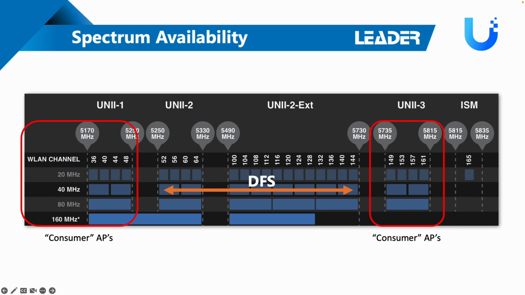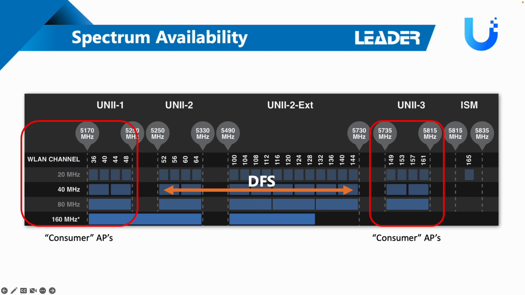There are some exceptions to this, but generally speaking, this is what you'll see. So there's a quick question that I have here for you. How many of you have actually purchased a consumer access point where on the box it says 160 megahertz wide in terms of channel width support, but when you install it and you set the region to Australia, the maximum that allows you to go up to is 80 megahertz.